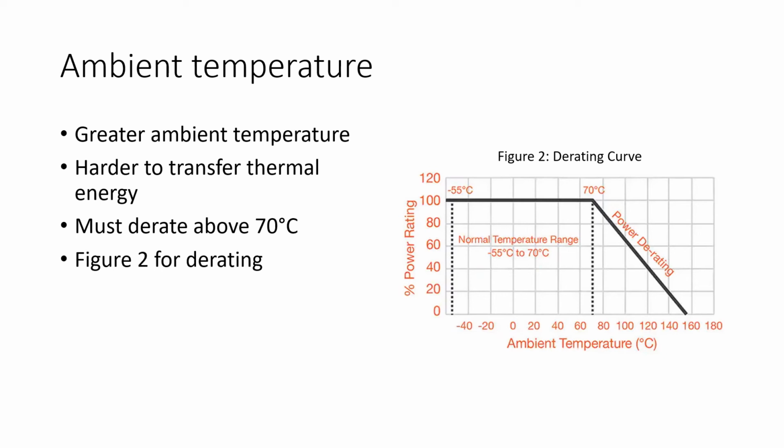And what this means, for example, at approximately 110 degrees Celsius, we must derate the power rating to 50% of the stated rating. In other words, if we have a resistor that would be dissipating 1 watt of power at 110 degrees, we would need to use a 2 watt resistor for this application.